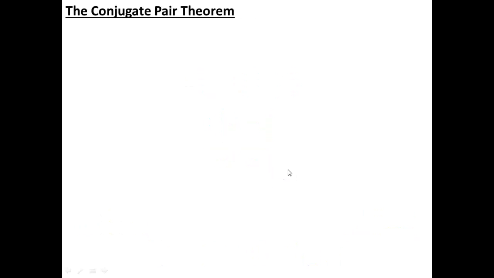Now let's address something interesting that comes up when we're solving polynomials. Do you ever notice how when you're solving a polynomial, when you have a problem that requires that you take a square root, you always have the positive and negative version of that square root. If I have x squared equal to 5, I take the square root, I get positive and negative square root of 5.